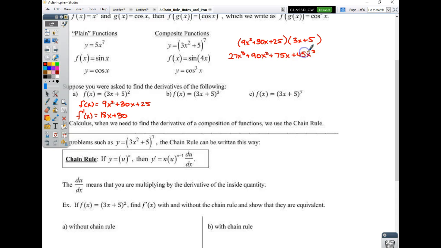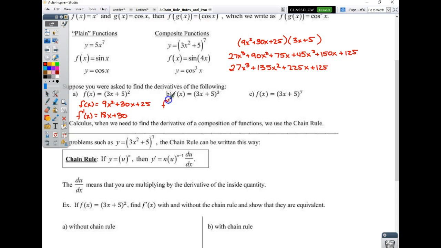Because I didn't sleep. Next one, 5 times 30x. And 5 times 25. So if we put that all together, we get 27x cubed. 90 plus 45 is 135x squared. 75 plus 150 is 225x, and then we have plus 125. Yeah, that's simple, right? Easy.